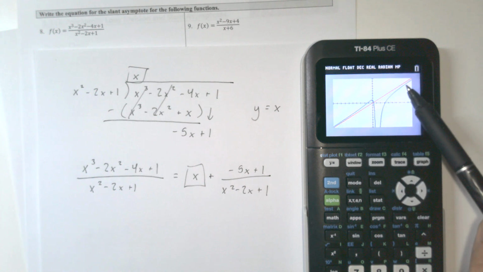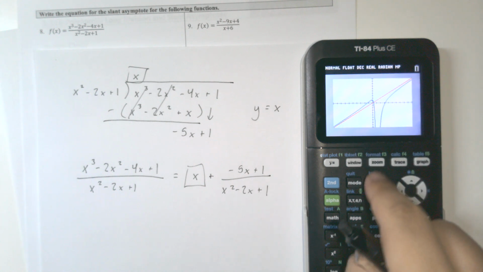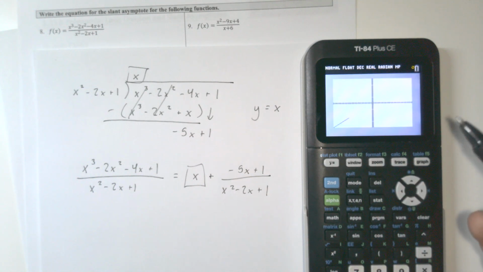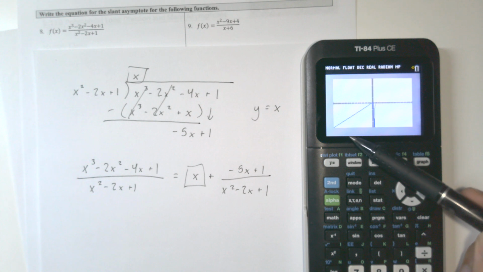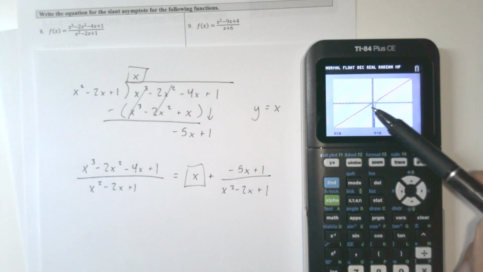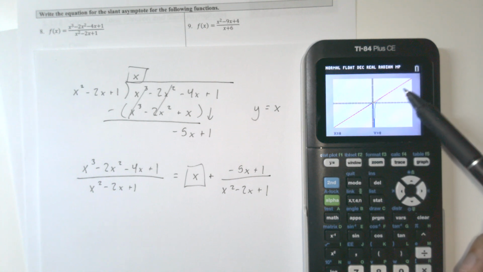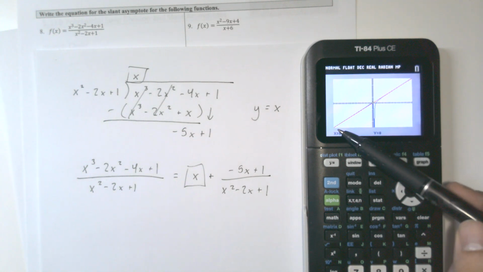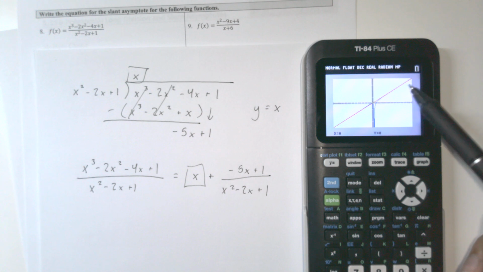It goes right through. And even if we zoom out, now it looks like the asymptote is touching because the calculator doesn't have a high enough resolution. But as we can see, the function perfectly follows the asymptote.